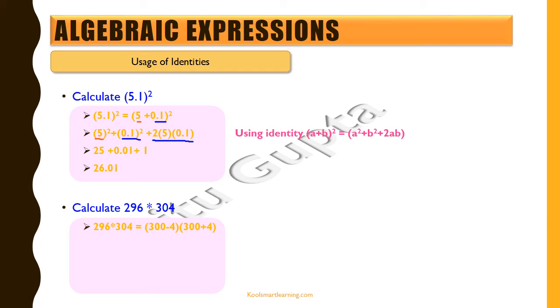Now if you look at it closely, it is (300 minus 4) multiplied by (300 plus 4), which is equivalent to (a minus b) into (a plus b), where a is 300 and b is 4. So using that identity, we make it equal to 300 square minus 4 square, which is 90,000 minus 16, and the result becomes 89,984.